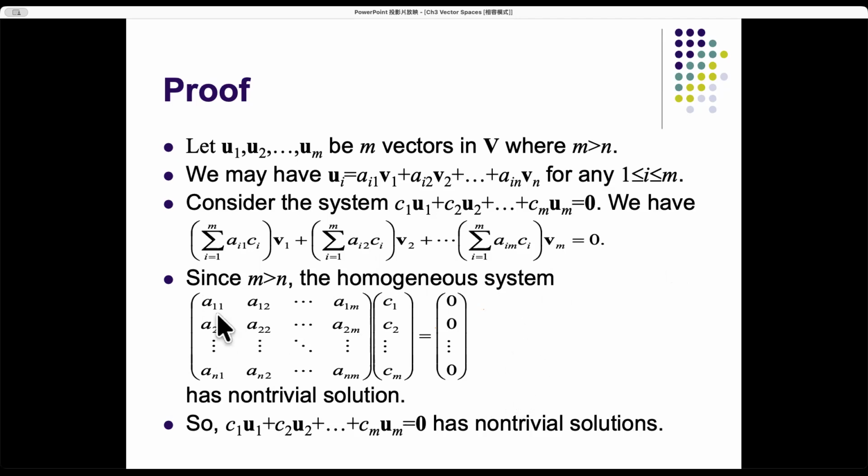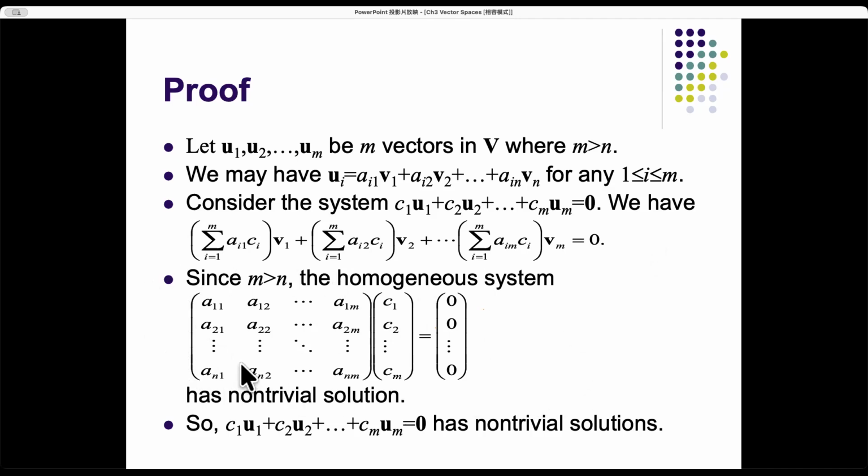If you multiply, for example, A11 times C1 plus A12 times C2 and so on, the first row times this vector is 0, that means this one is 0. The second row times this vector equals 0, that's this one, and so on. So this matrix is just the above formula represented in matrix form.